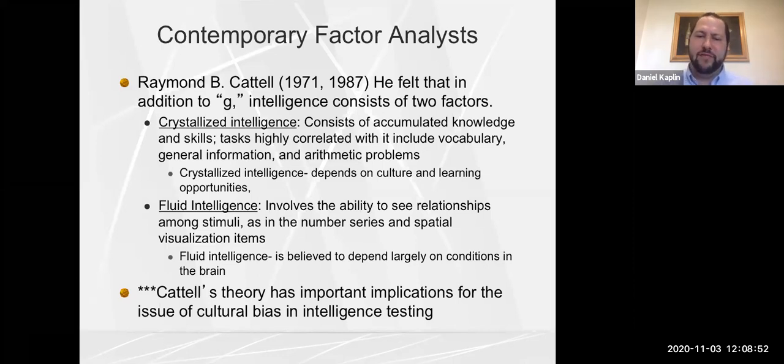They tend to be heavily linked to vocabulary. Now, one criticism of crystallized intelligence is that because it's linked to vocabulary, it's also linked to culture. So there might be some biases when we talk about crystallized intelligence.